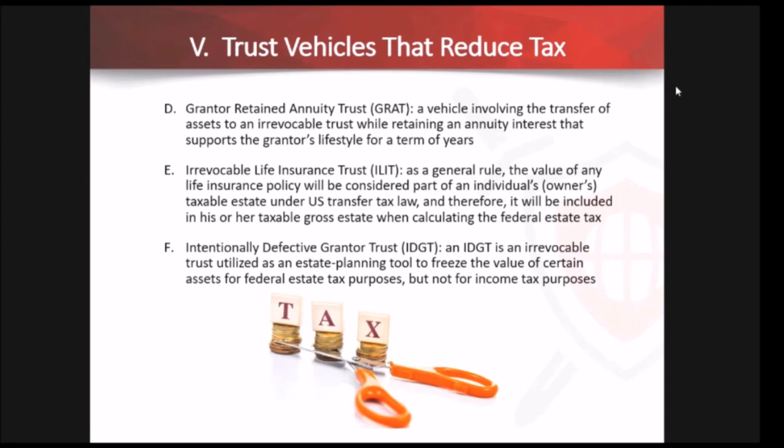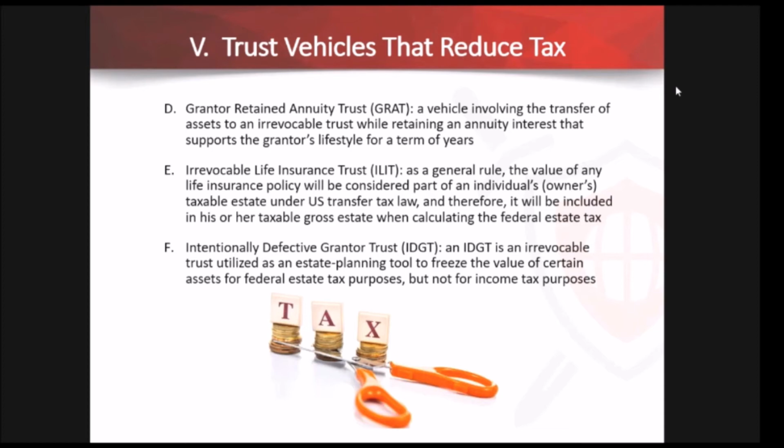The next one that's here, the grantor retained annuity trust, is a great way if you want an estate freeze. The idea being that you have a business or some asset that you know is going to really appreciate in value, and the grantor knows that the longer they hold it, the higher the value is going to go.